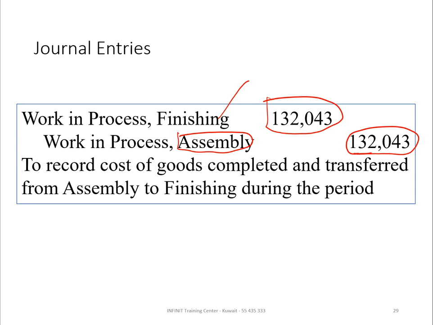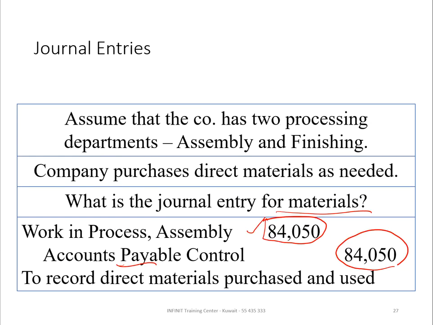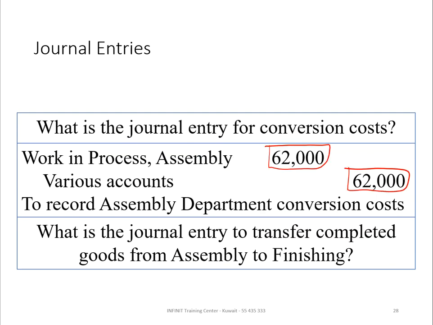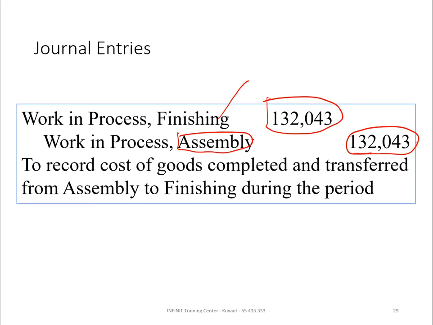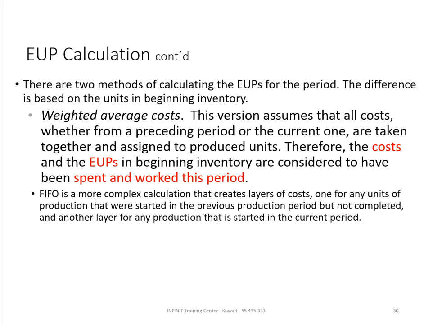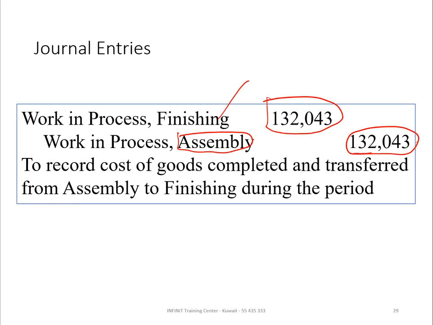So in assembly you can see that we have a 132,000 credit and a 146,000 debit. So where is the rest of the amount? It is in work in progress in the assembly. This is how we allocate the total cost of a process costing into cost of goods finished and cost of goods not finished.